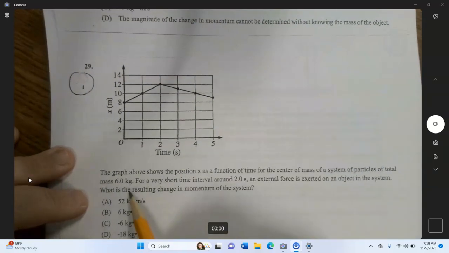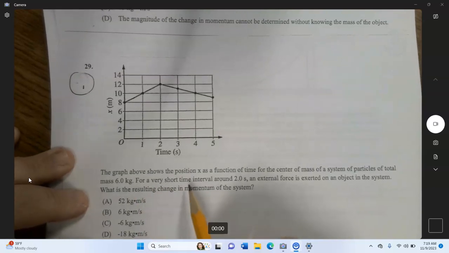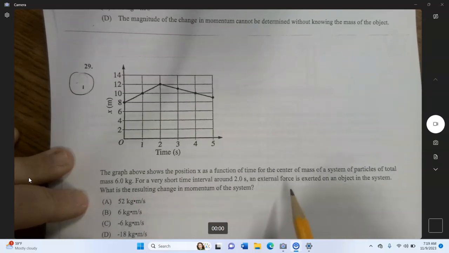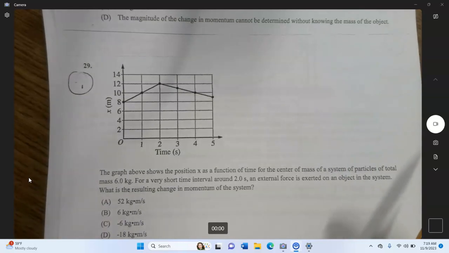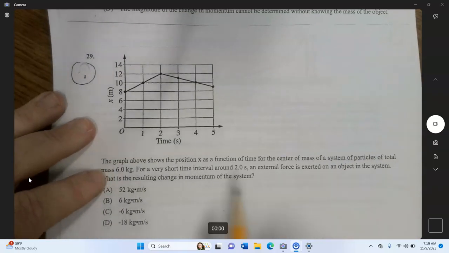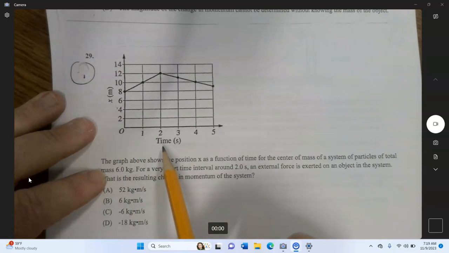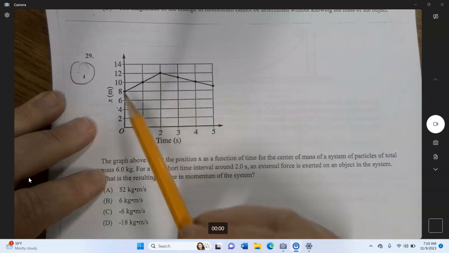Of a total mass of 6 kilograms. For a very short time interval, around 2 seconds, an external force is exerted on an object in the system. What is the resultant change in the momentum of the system? Okay, it is a position time graph, so that means the slope is the velocity.